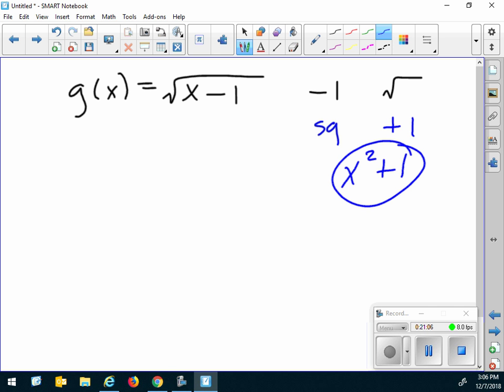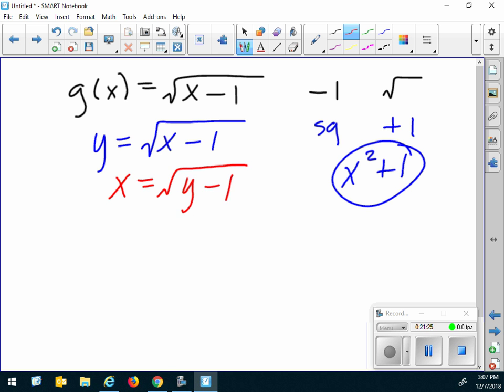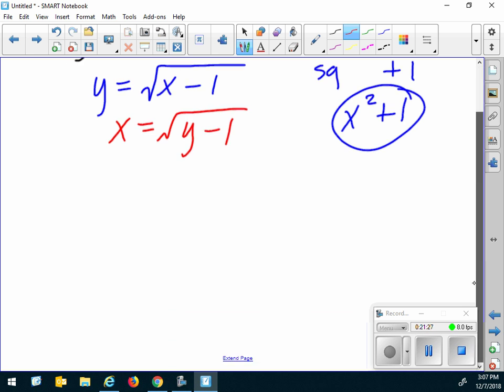Now, all right. What do I replace g of x with? I'm just trying to go through every one step by step. I'm afraid if I combine steps, some people will get lost. Now switch the x and y. Square both sides. Now if I square both sides, what am I left with?